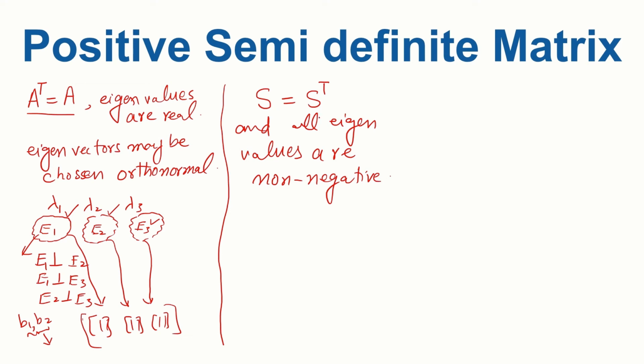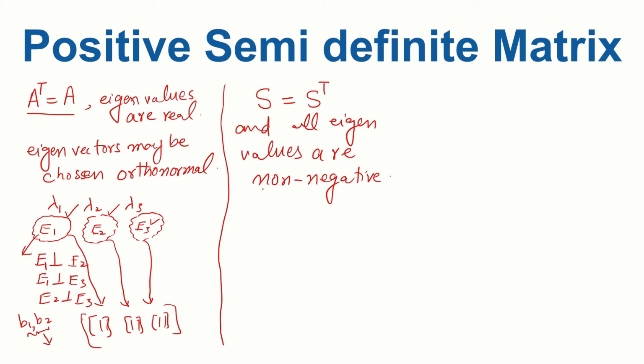So if you have a symmetric matrix, because it is symmetric, all the eigenvalues must be real. But if negative eigenvalues do not appear, then we say that this particular matrix is positive semi-definite.